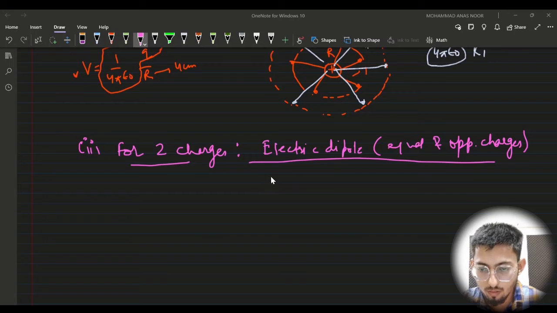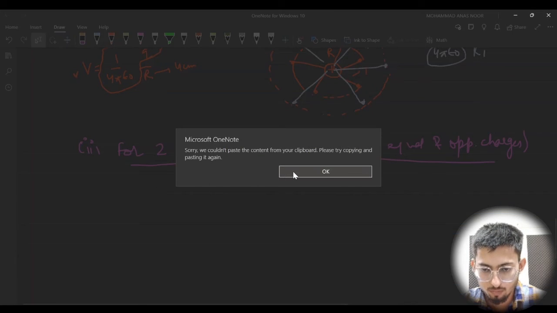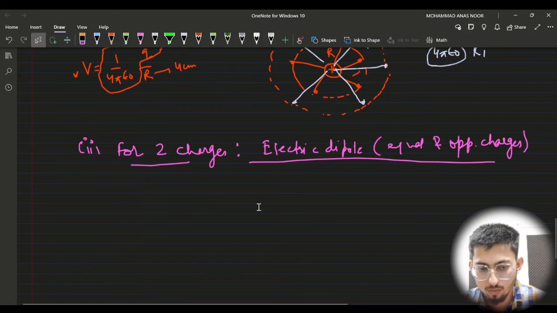Now let us see if I can copy paste it. No. Let me draw this.